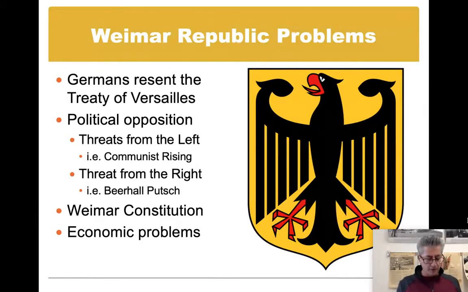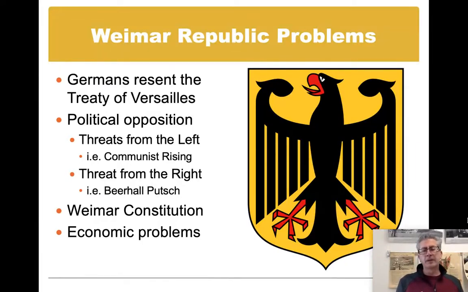I believe it's Article 48 that really allows for the German president to institute emergency powers. And the president of Germany will do that on a number of occasions. The president of Germany is going to be extremely popular. His name is Paul von Hindenburg, and he is a kind of hero from the First World War for the German people.